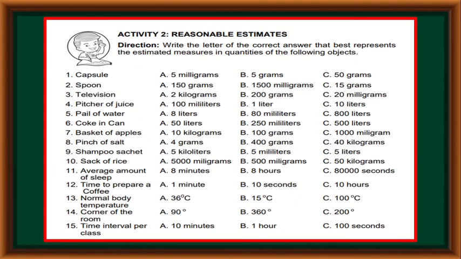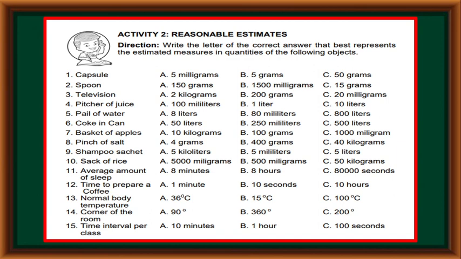Okay, so for our activity in the first week of quarter 1, entitled Reasonable Estimates. Direction, you write the letter of the correct answer that best represents the estimated measures in quantities of the following objects. So we have 1 to 15. Let's say, you just try to estimate.